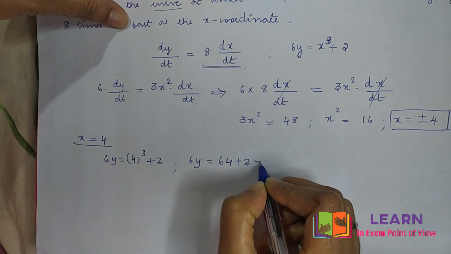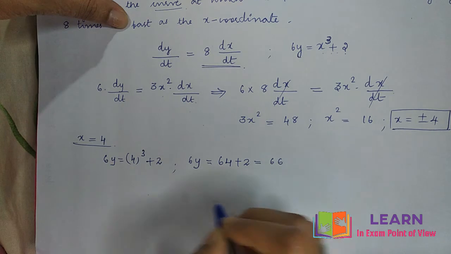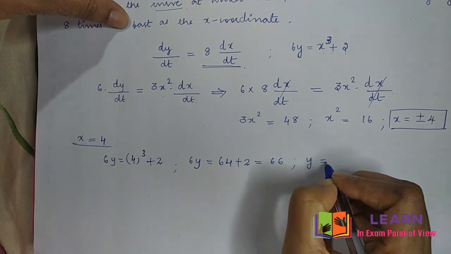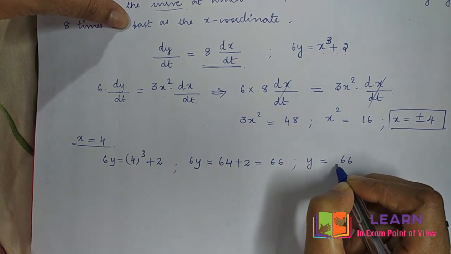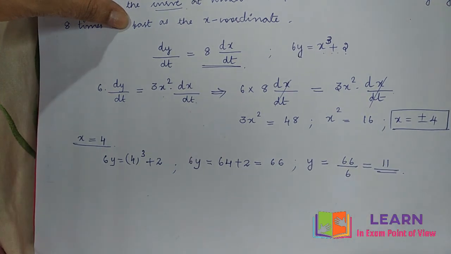That is 6y equals 64 plus 2, which is 66. So y is 66 by 6, that is 11. Okay, y is 11.